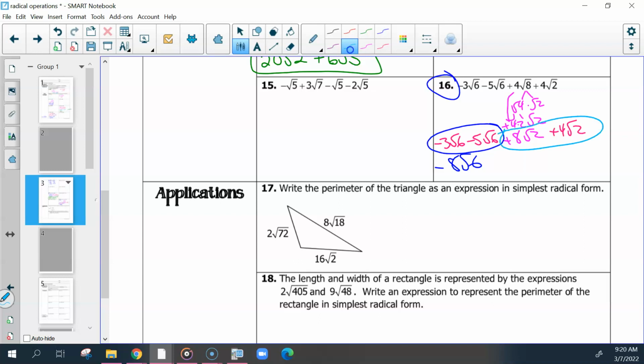And that would become... Once you get the hang of it, it's not that bad. It's just a lot of simplifying radicals and then simplifying radicands together.